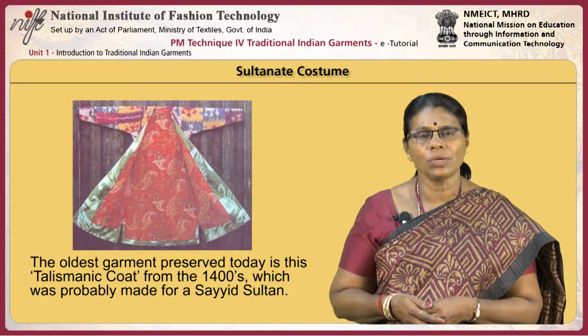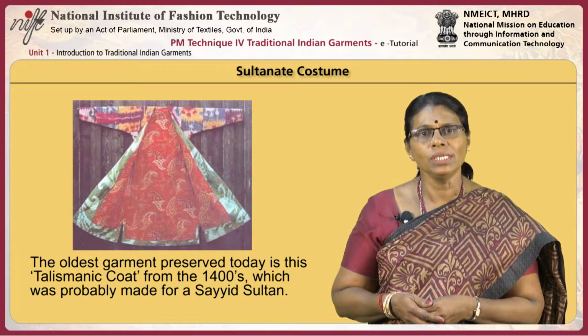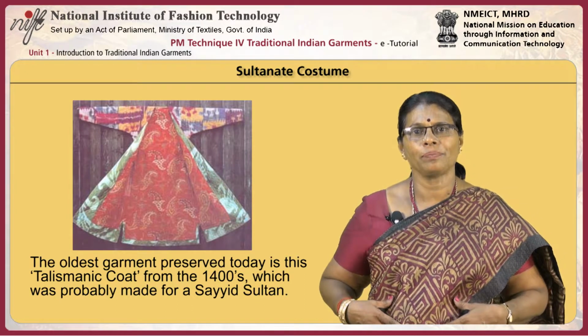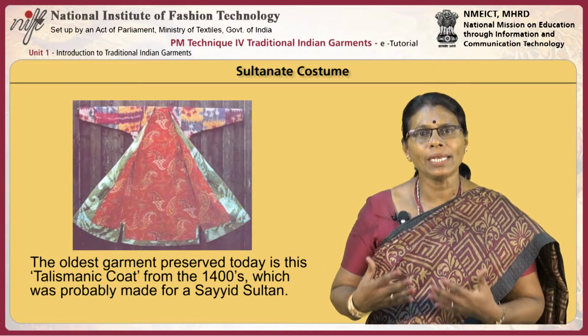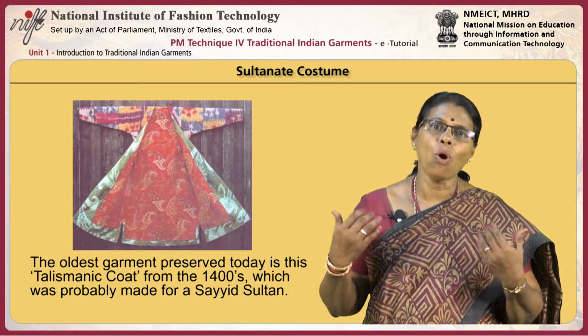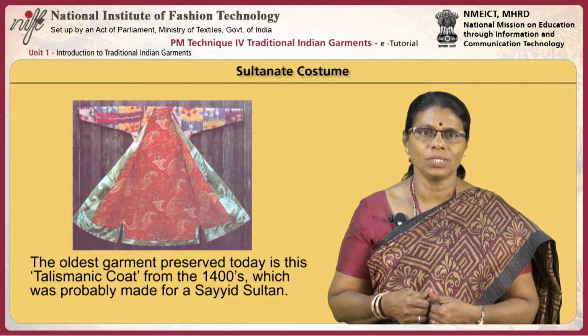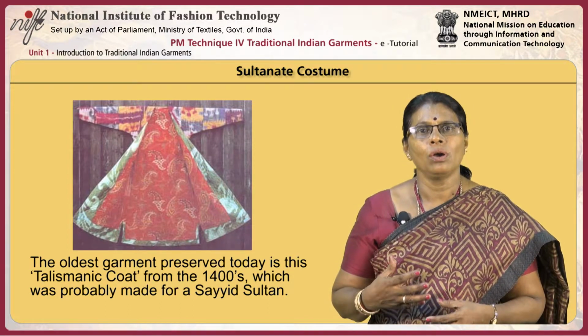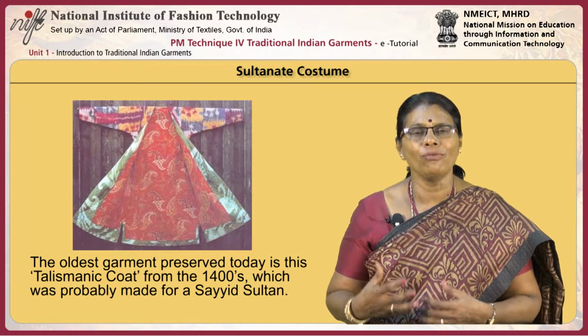The Sultanate costumes. A loose, long flowing robe with a sash at the waistline, sometimes made of brightly patterned cotton fabric. Above this, a long sleeveless waistcoat type of garment, which in colder weather would have been made of wool.